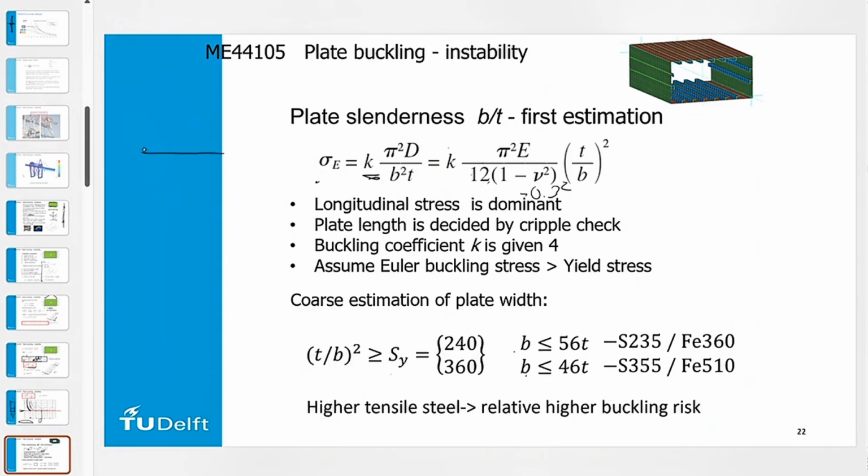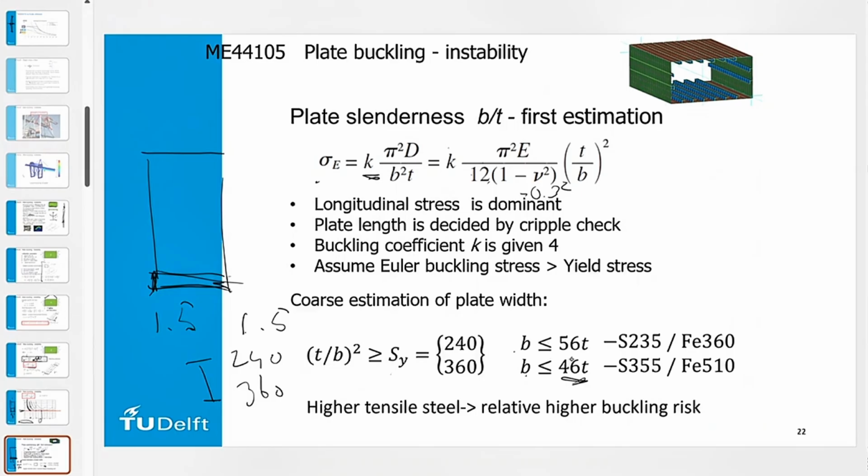So if I make a box with S235, my yield limit difference is 1.5. I go from 240 to 360. That is exactly 50% more. So I could reduce the thickness with 50%, but I need much more stiffeners because I have less thickness and a higher buckling risk.